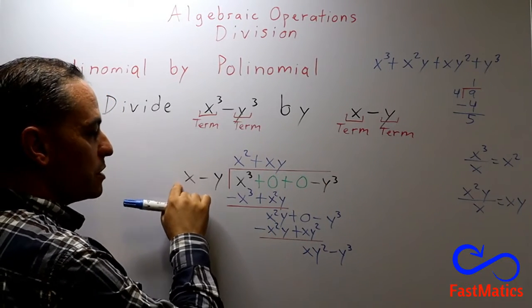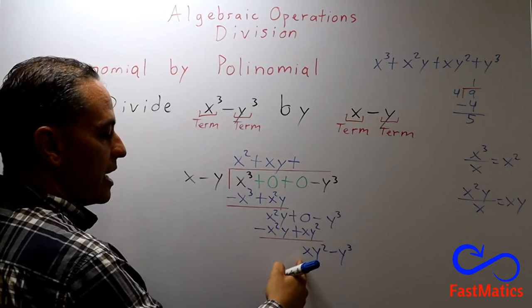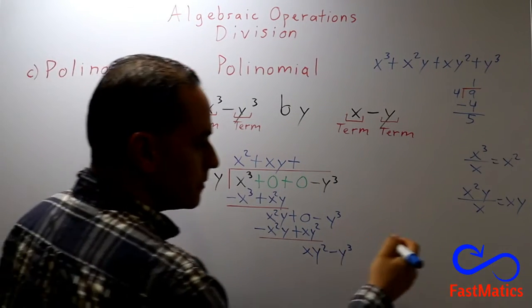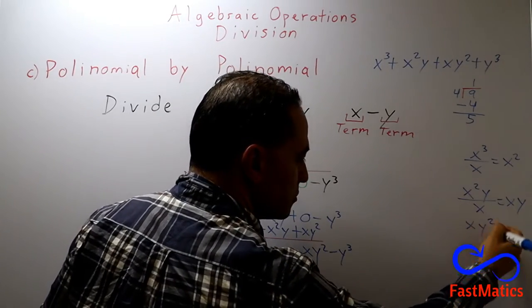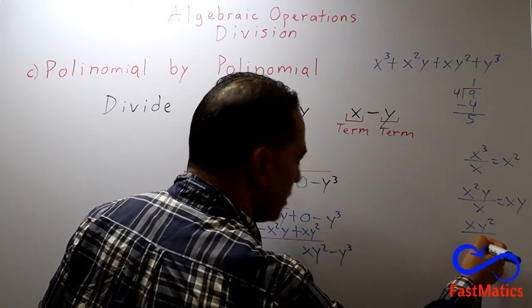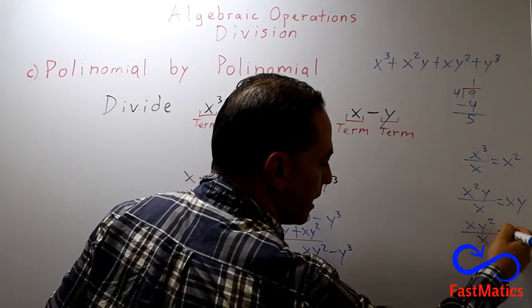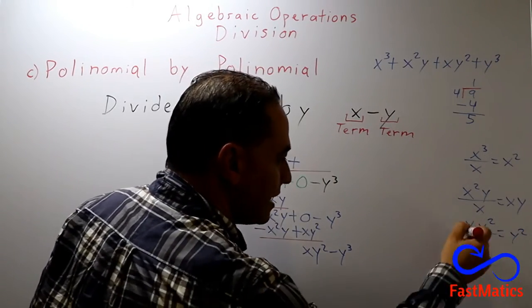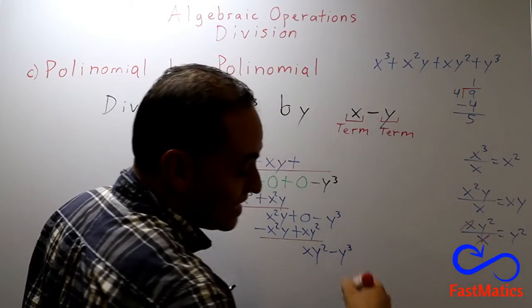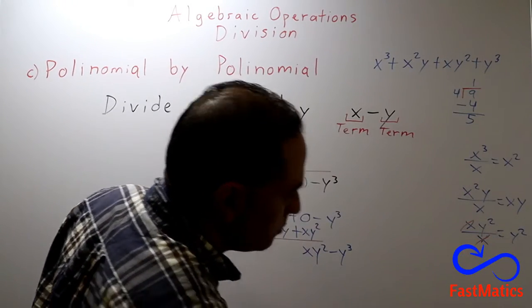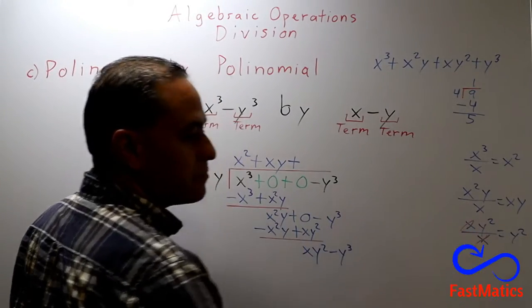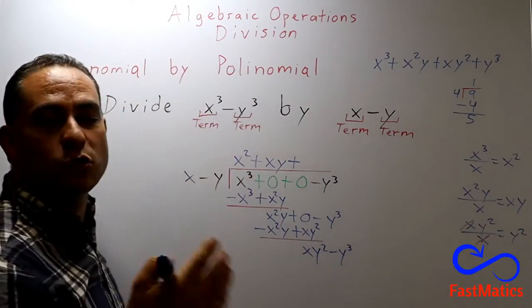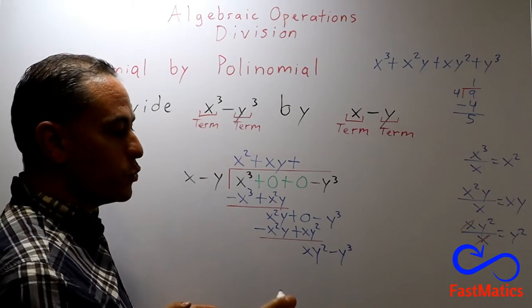Positive divided by positive, positive. xy squared divided by x. If you can't do that in your mind, you write it and you get y squared because you eliminate, you are dividing the same by the same. It is 1 and 1 times y squared is y squared. That's why we write only y squared.